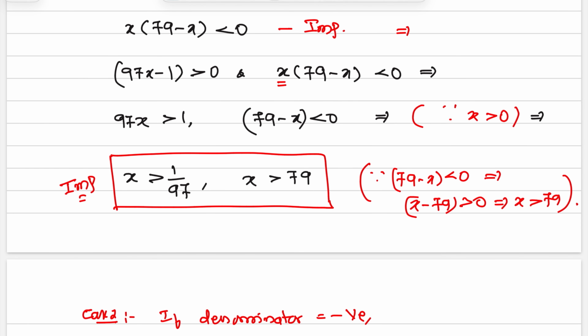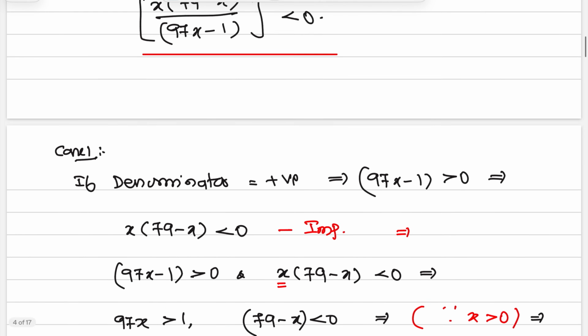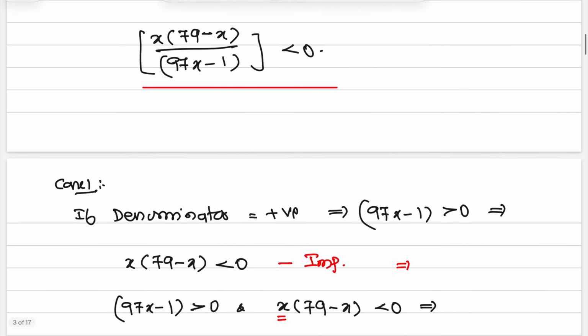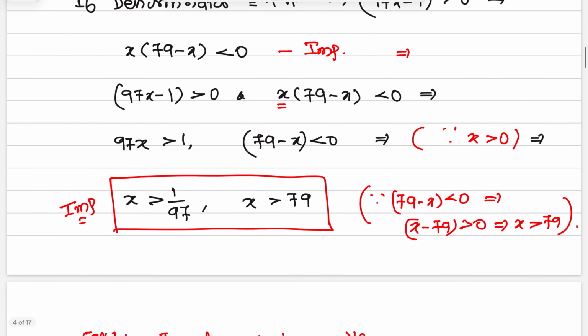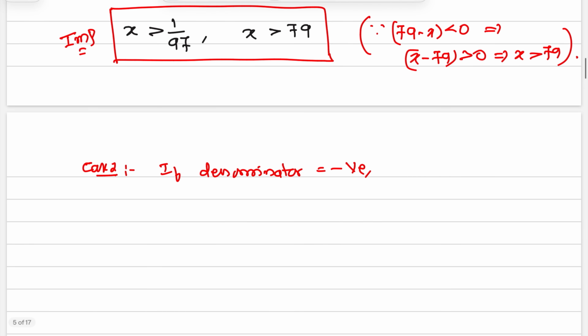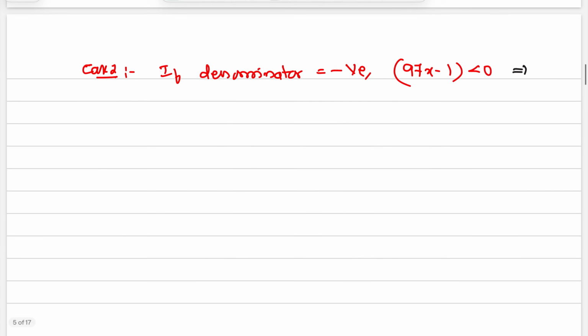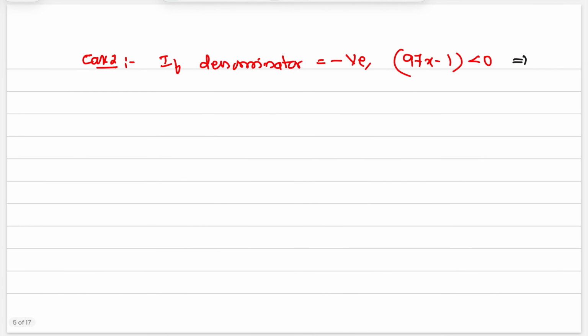Denominator is negative means 97x minus 1 is less than 0. That implies 97x is less than 1. That implies x is less than 1 by 97.